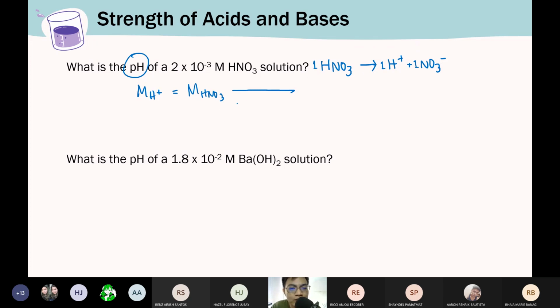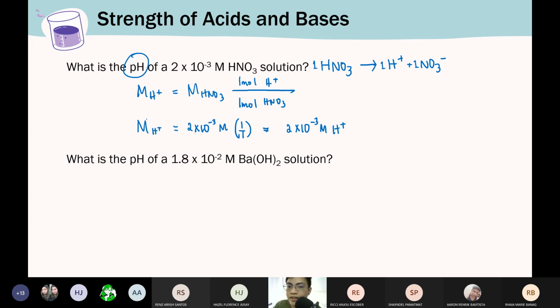According to the equation, for every mole of nitric acid, you have 1 mole of H plus. So that's 2 times 10 raised to negative 3 molar times 1 over 1. So ganun pa rin naman. So 2 times 10 raised to negative 3 molar H plus concentration.